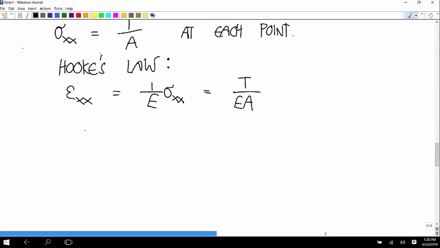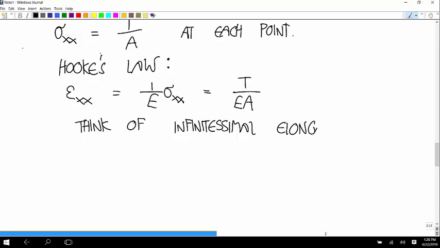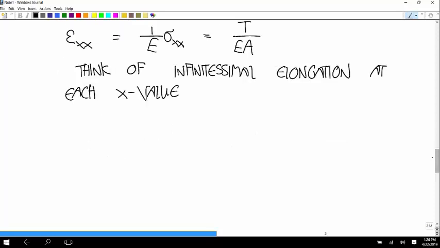And now if we think of every X value, so now think of the infinitesimal deformation or elongation at each X value.